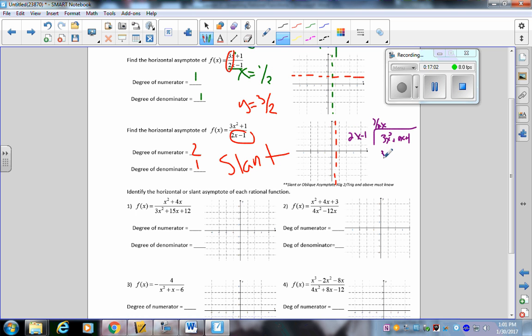So 3x squared. And 3/2 x times negative 1 is negative 3/2 x. Okay, go ahead and subtract them. Those cancel. 0 minus a negative is a positive, so I've got 3/2 x. I'm going to go ahead and bring down that 1.